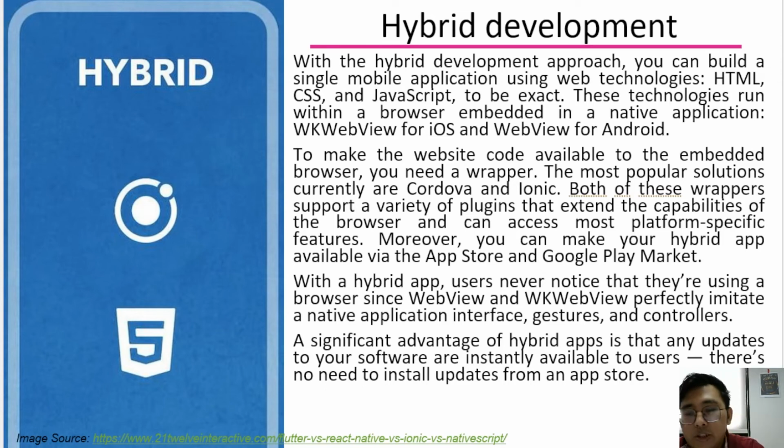It's basically the same, and it's usually referred to as WebView. So in this kind of hybrid development, the website is embedded in your app, and you will need something like a wrapper to hold it and make it look like an application.